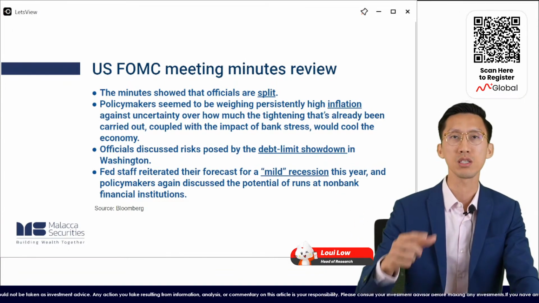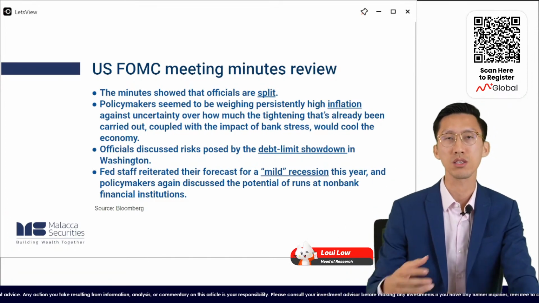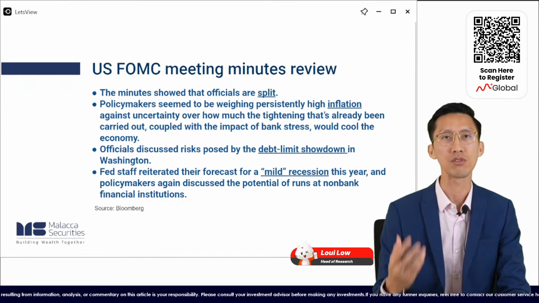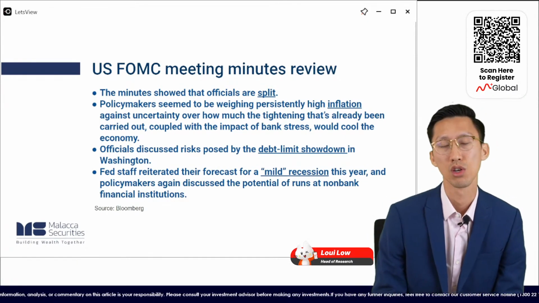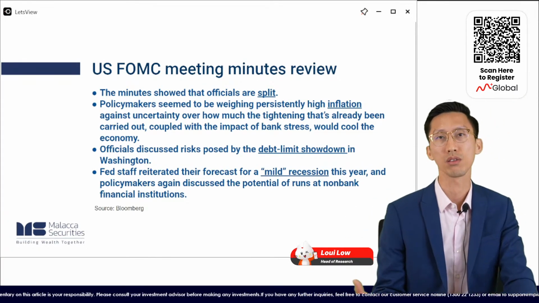What I mean is that 1% has a high margin of error. If the next few quarters are just 0.5 or negative 0.5, it's very easy to go into that position. So maybe that is what the Federal Reserve is talking about, the mild recession.